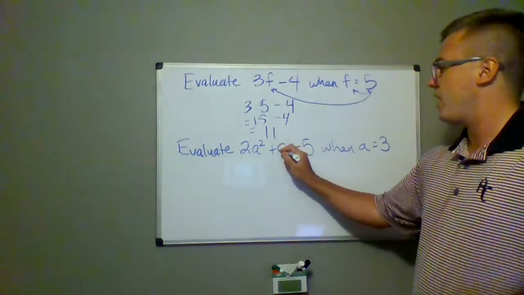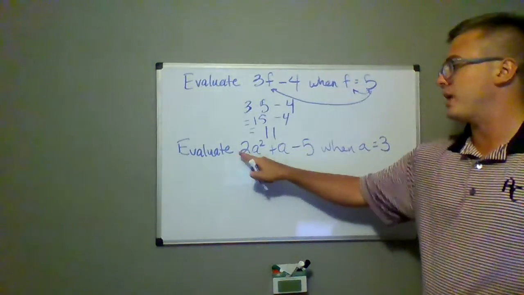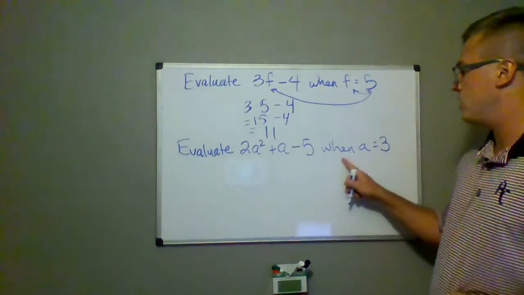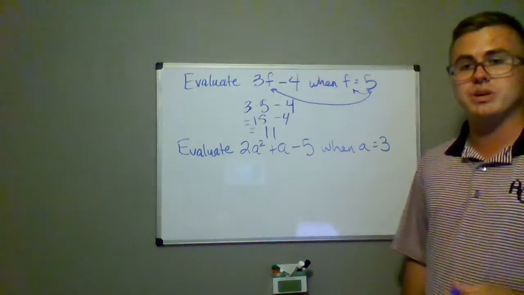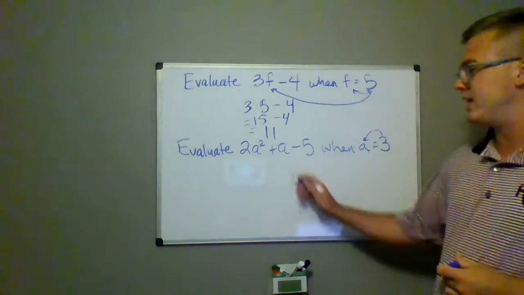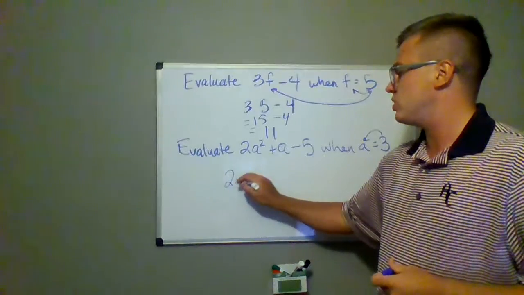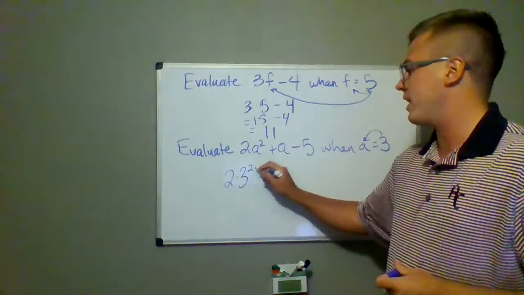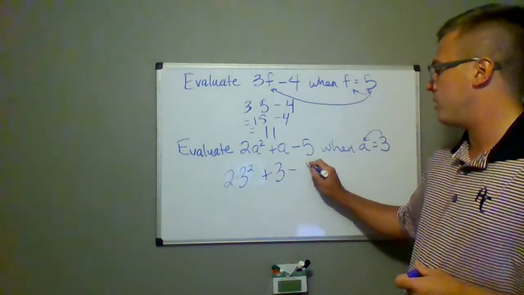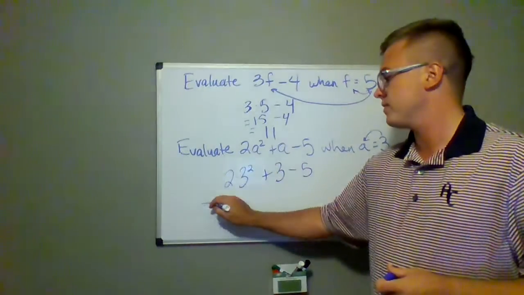This bottom one here is a little bit more complicated. We've got evaluate, or solve all the way out, for 2a squared plus a minus 5 when a equals 3. So again, where I see a, I'm going to plug in 3. So right away I've got 2 times 3 squared. I've got to keep that squared in there. Plus 3 minus 5.